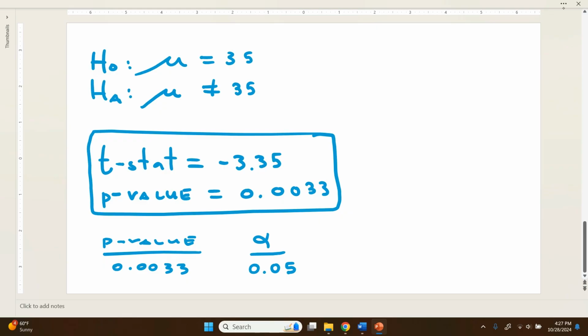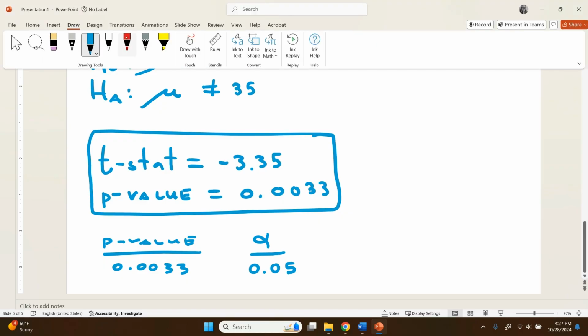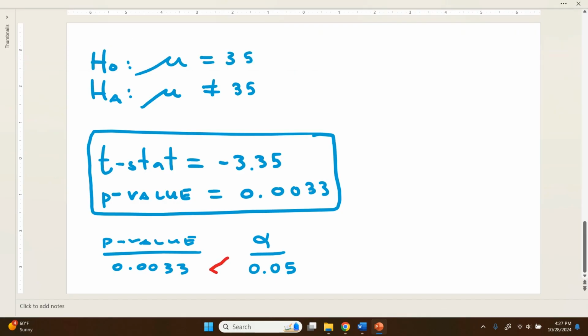And we're going to need to make a decision here. Should we reject the null or fail to reject the null? Well, if I do a side-by-side comparison and put the proper inequality between these two quantities, we can see that the p-value is certainly less than our significance level. And what that tells me when that happens is that we should reject the null. Our data is significantly different.